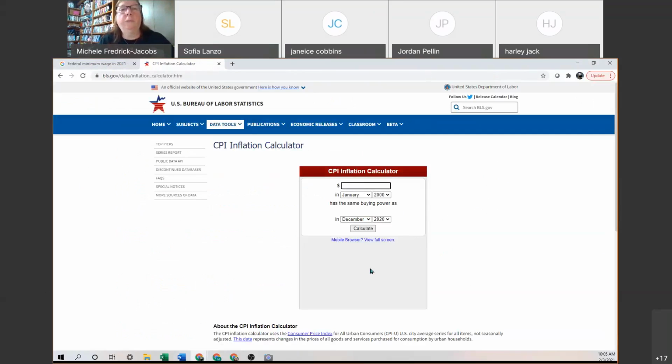And the first one was $1 from 2003 to 2007. Now, what months did you use? Anyone have a preference? I just did January and December. Okay, so we'll leave it January and December.